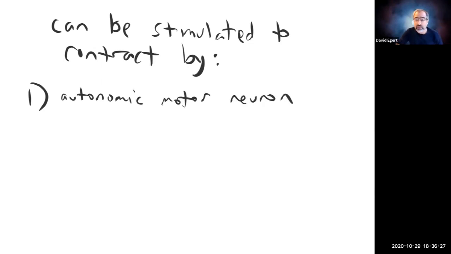We will talk a little more about this in a few moments, because the neuromuscular junctions in the smooth muscle look a little different than the neuromuscular junctions in the skeletal muscle. But it can be activated lots of different ways.